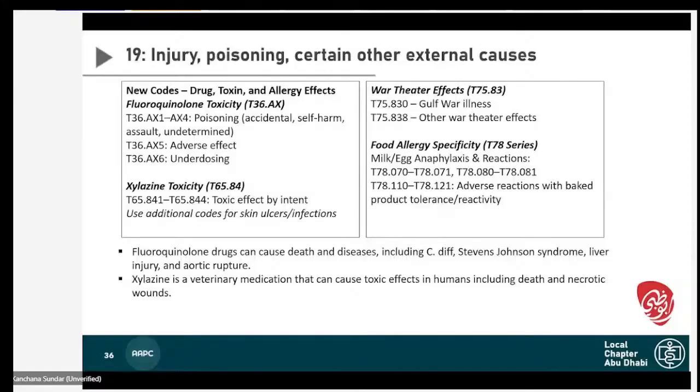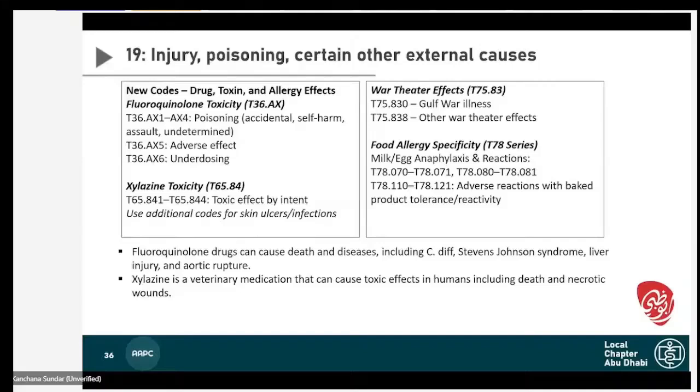So again, these have been classified as poisoning, accidental, self harm, assault, undetermined, and it has further expanded the count of the codes included in this chapter. And an interesting inclusion was on the war theater effect, and a specific code for Gulf War illness and other war theater effects. So this is an inclusion.